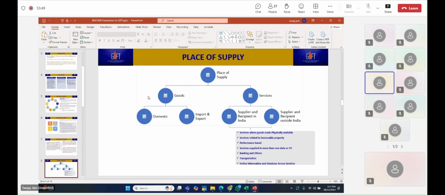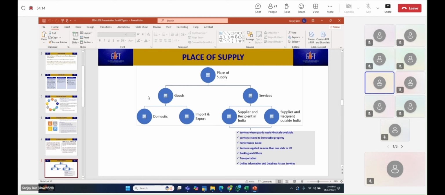Suppose the railway gives one contract for railway track repair, which runs across multiple states under a single contract. How do you define the place of supply? Because in each state you have to pay tax separately. Or if you have given one advertisement contract, the benefit will be received by all the units registered in different states.